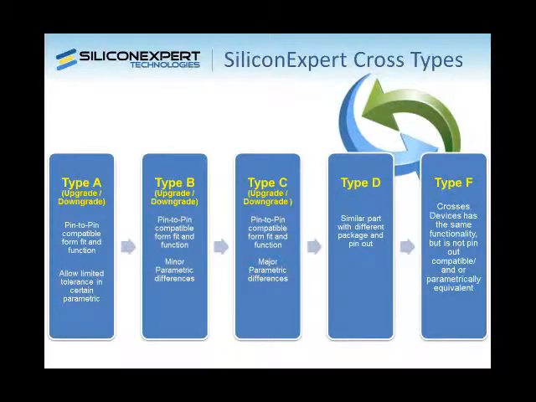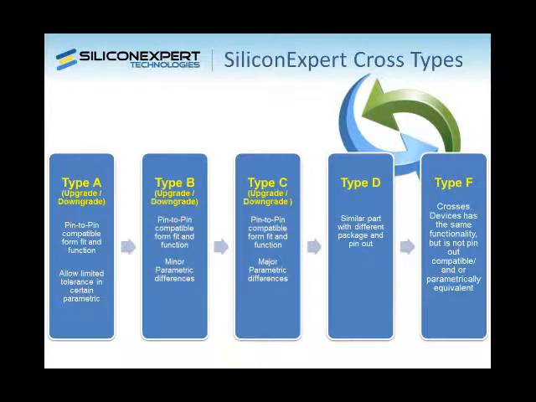Type B is pin-to-pin compatible form, fit, and function, with minor parametric differences. Type C would be pin-to-pin compatible, with major parametric differences or packaging differences. Type D is a similar part with different package and pinout. And type F would be a device that has the same functionality but is not pinout compatible or parametrically equivalent.